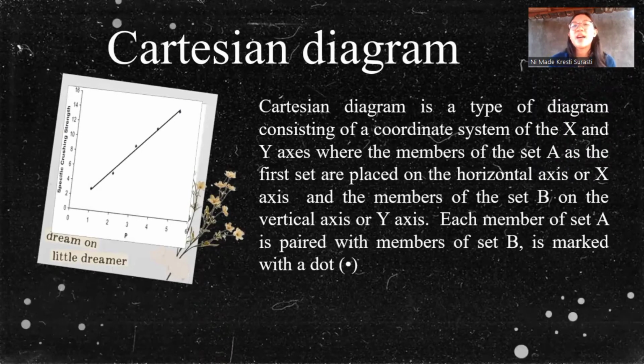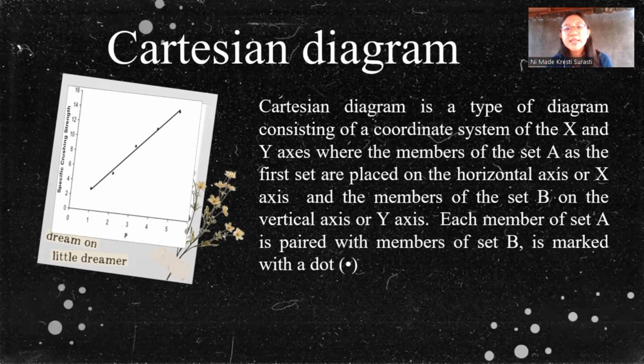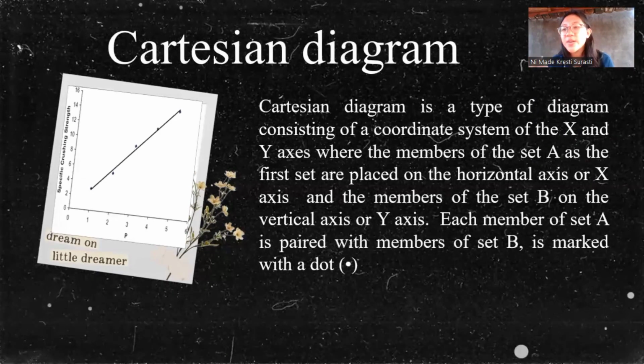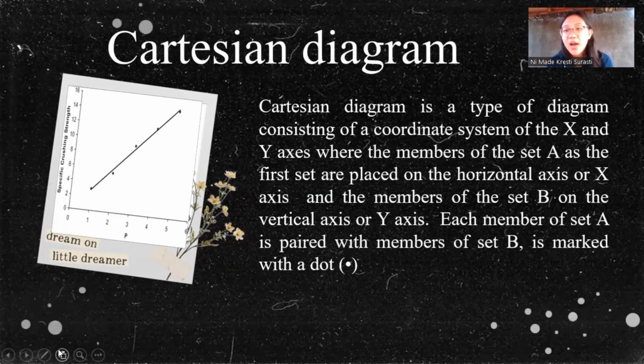Okay, the last one we're going to explain is the Cartesian diagram. A Cartesian diagram is a type of diagram consisting of a coordinate system of x and y axes, where the members of set A as the first set are placed on the horizontal axis, the x-axis, and the members of set B on the vertical axis, the y-axis.